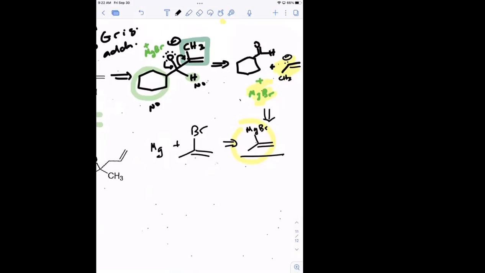Let me recap again. We started out talking about how to make alkyl halides. We said you can make them from alcohols, right? Using PBr3, using HX, using thionyl chloride. Then we said you can add a halogen using allylic bromination. So we got 4 methods to make alkyl halides.